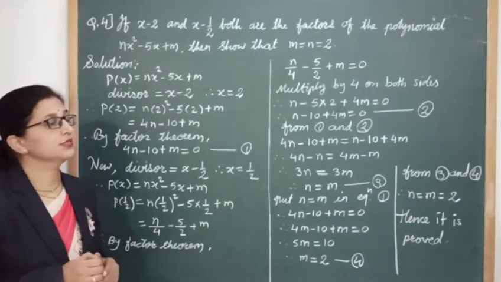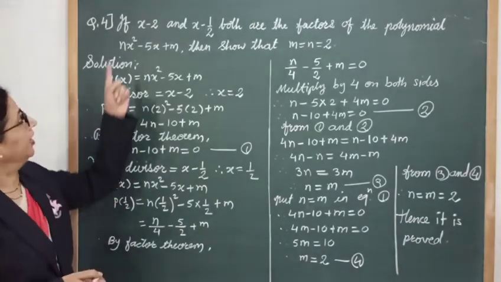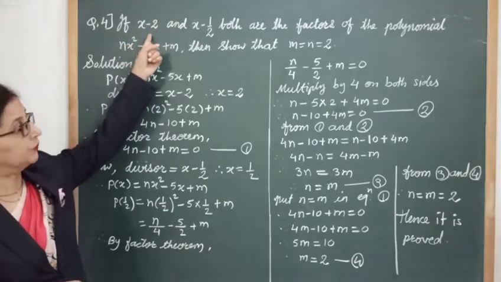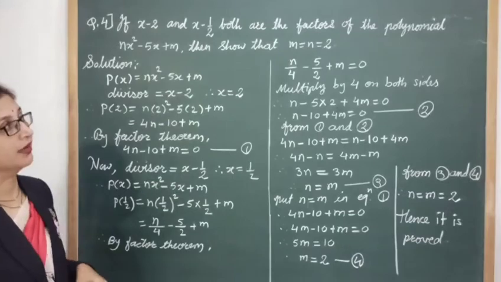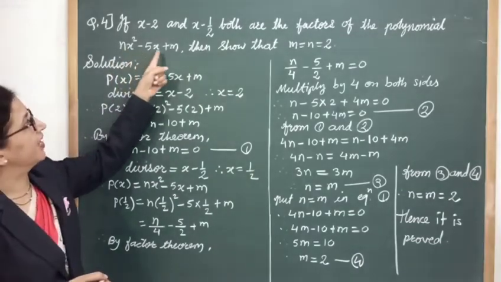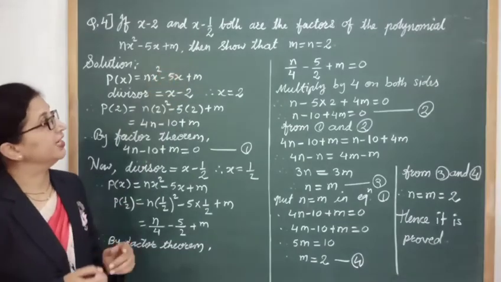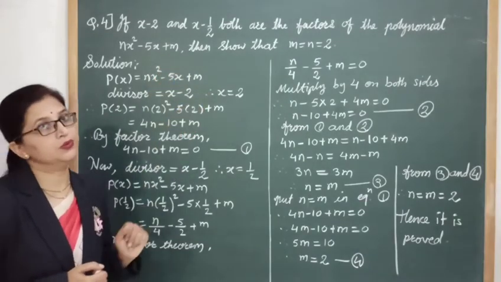Now students, let's see one more example. So here we have a question. If x minus 2 and x minus 1 upon 2 both are the factors of the polynomial nx square minus 5x plus n, then show that m is equal to n is equal to 2.